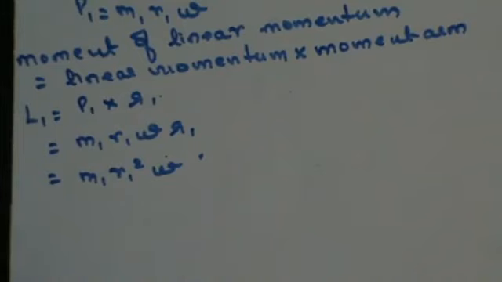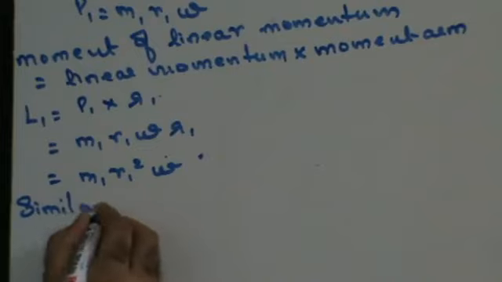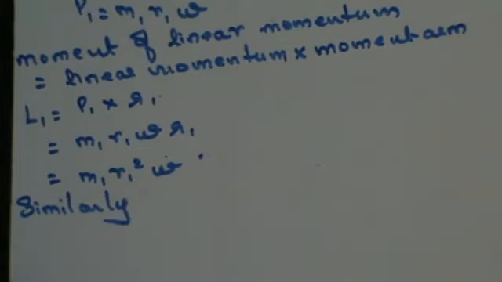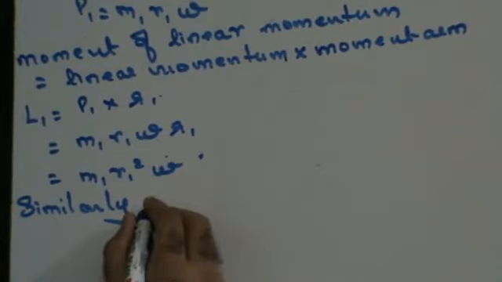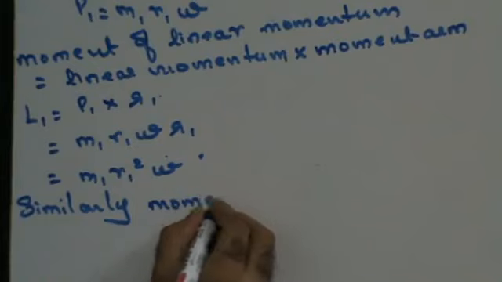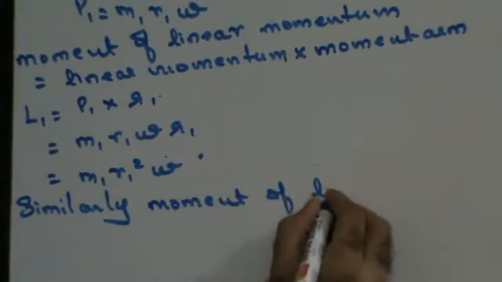Right? Now similarly, I could find out the linear momentum for all the other bodies, and correspondingly I could find out the moment of linear momentum for all the other points.